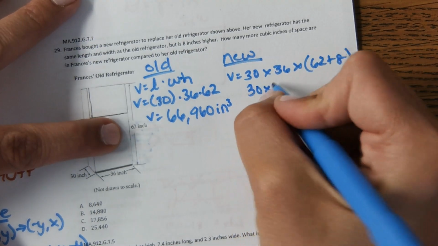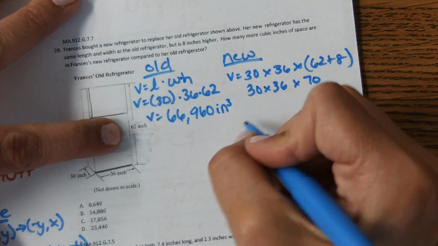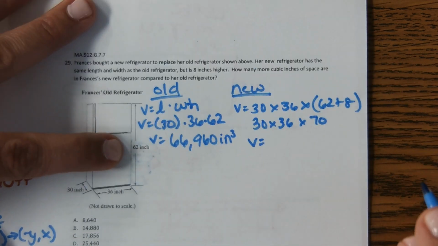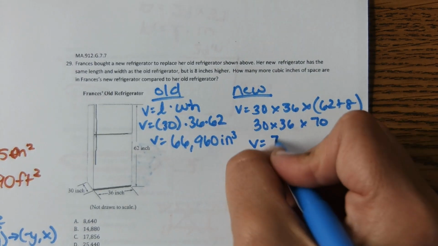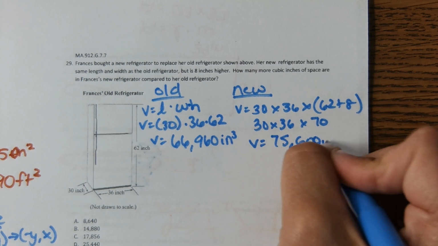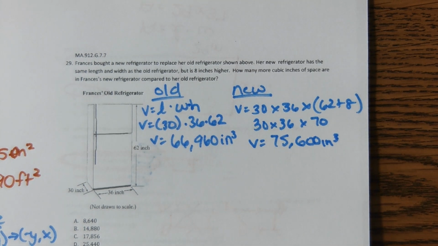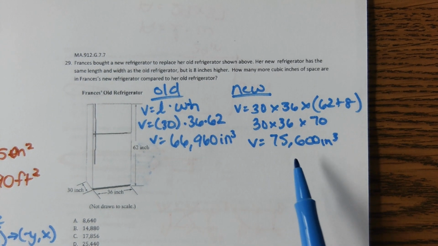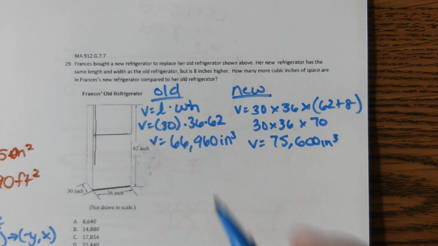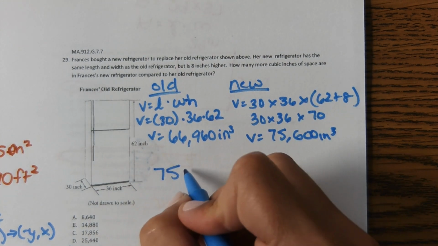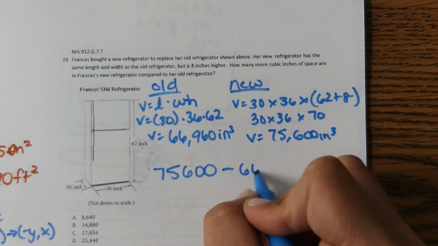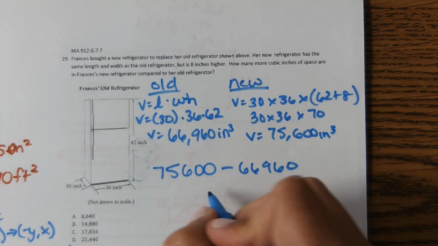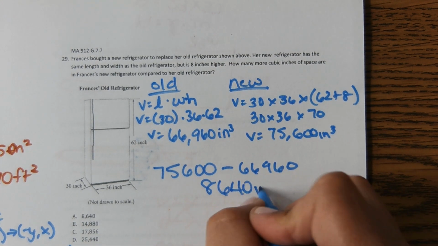So 30 times 36 times 70. And so the volume comes out to 75,600 inches cubed. And it wants to know the difference, how many more cubic inches is the new one compared to the old. So we have to subtract. And we get 8,640 inches cubed.